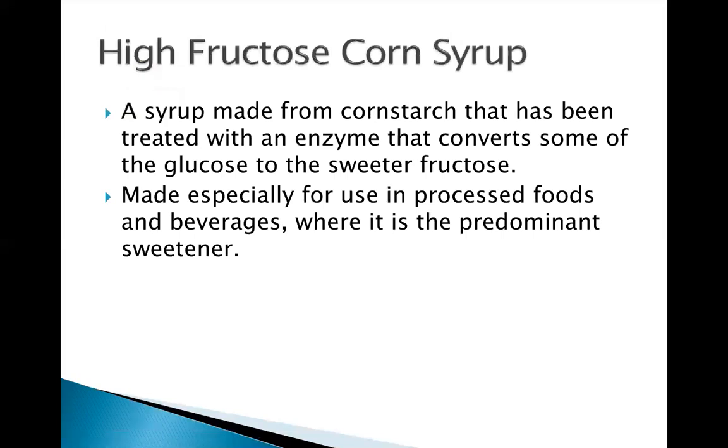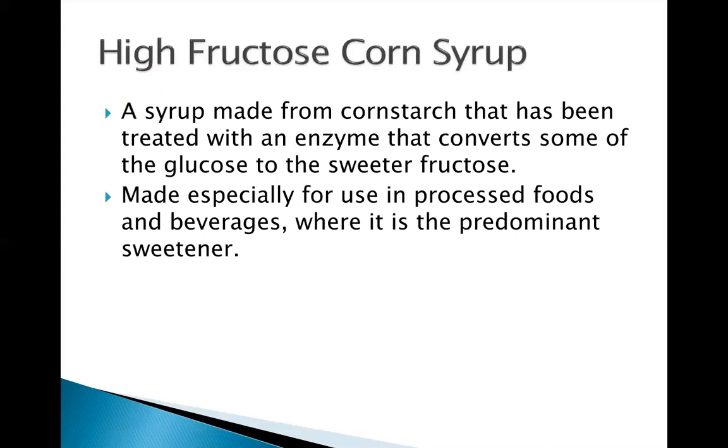High fructose corn syrup. High fructose corn syrup is a type of sugar, and it is made from cornstarch. Cornstarch is treated with an enzyme that converts glucose to fructose. Cornstarch naturally has both glucose and fructose, and cornstarch is categorized based on what percent of each of these it has.